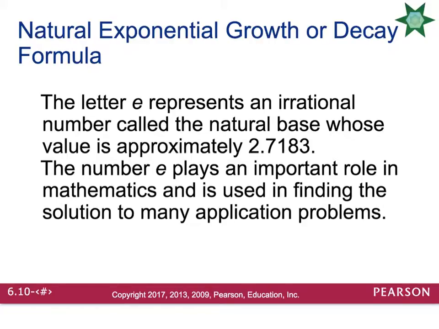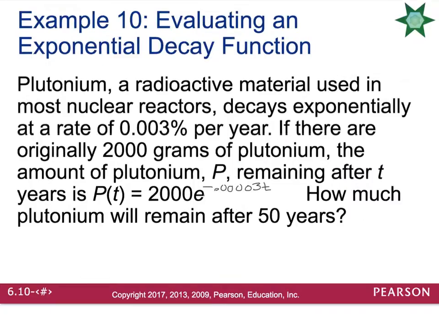The letter e is an irrational number. It's called the natural number. It is approximately 2.7183. Your calculator is programmed with this letter e. It's just like pi is 3.14, and your calculator is programmed with that. So whenever doing math with the letter e, please use the button on your calculator.